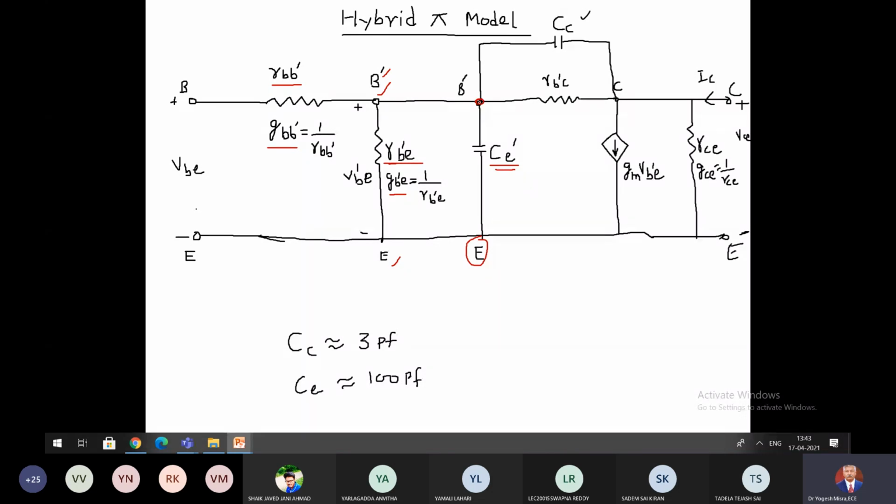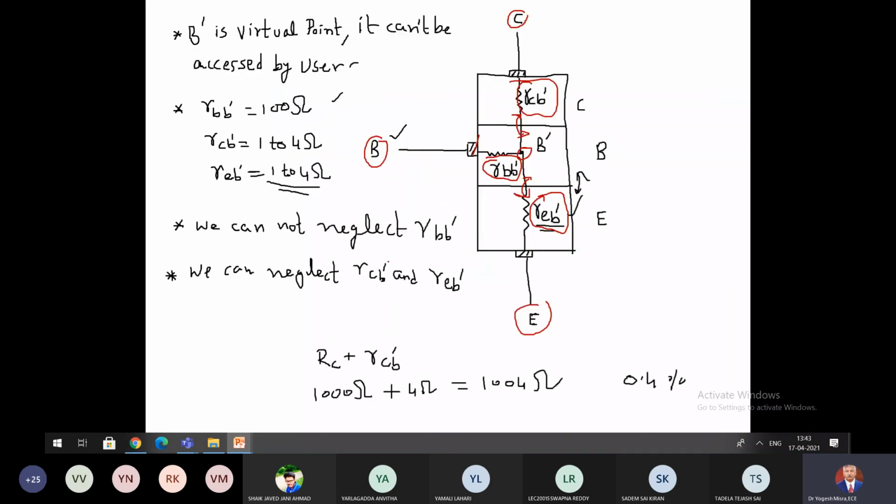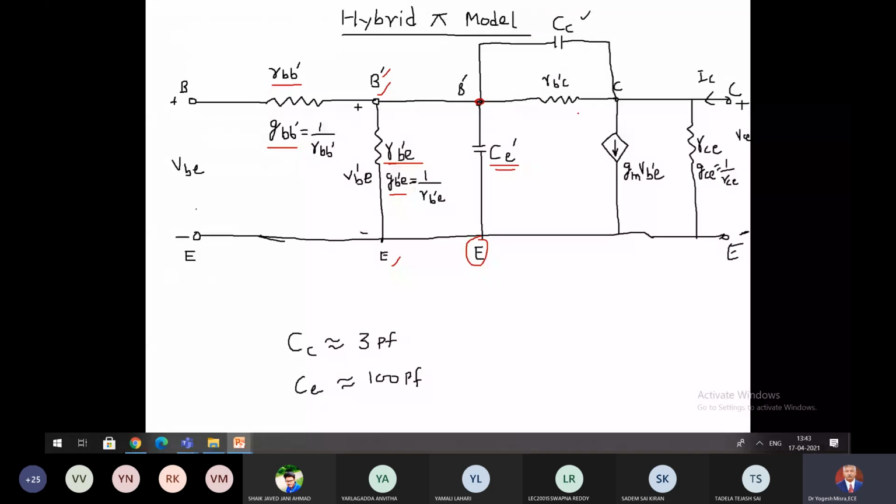Between B dash and C, in this diagram, you find one resistance RCB dash and one capacitance formed between the junction. So this is B dash and this is the C terminal. Between these two we have one resistance RB dash C, the feedback resistance, and an internal capacitance CC.